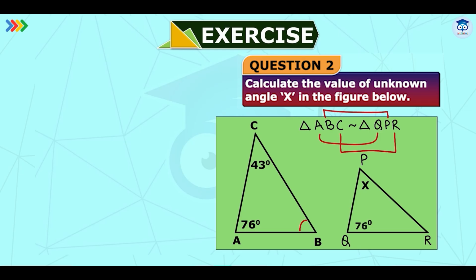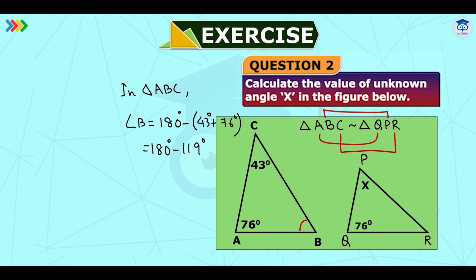So we know that in a triangle, the sum of all the angles is 180 degrees. Therefore, in triangle ABC, angle B is equal to 180 minus (43 plus 76), which is equal to 180 minus 119, which is equal to 61 degrees.